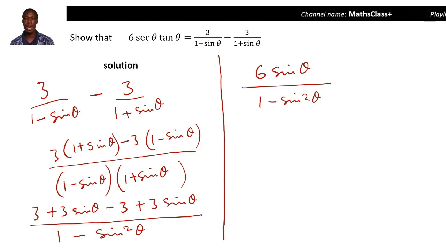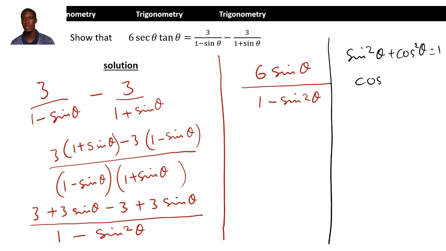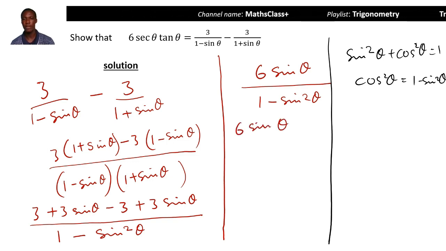Now, if you remember, I will take you back again. The trigonometric or Pythagorean identity: sine squared theta plus cos squared theta is equal to 1. So if I make cos squared the subject, I'll get 1 minus sine squared theta. So for my denominator here, I'll write it as cos squared theta. So I have 6 sine theta divided by cos squared theta.